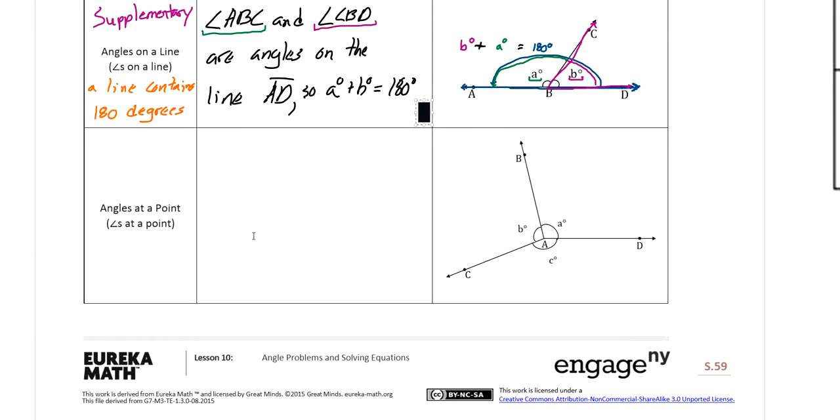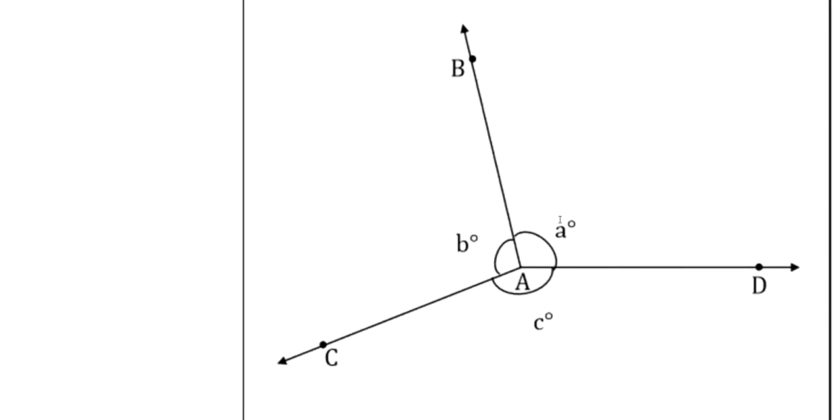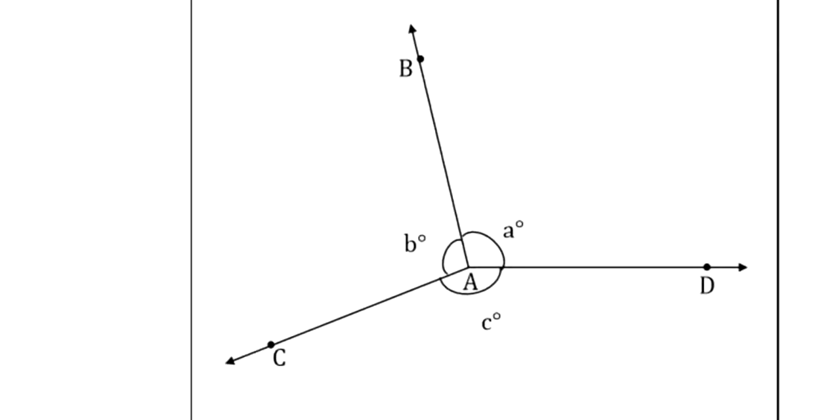All right, which brings us to our final angle relationship, angles at a point. Let's look at this. The point we're talking about here is point A. A is the vertex. A is where we have three different angles being formed.